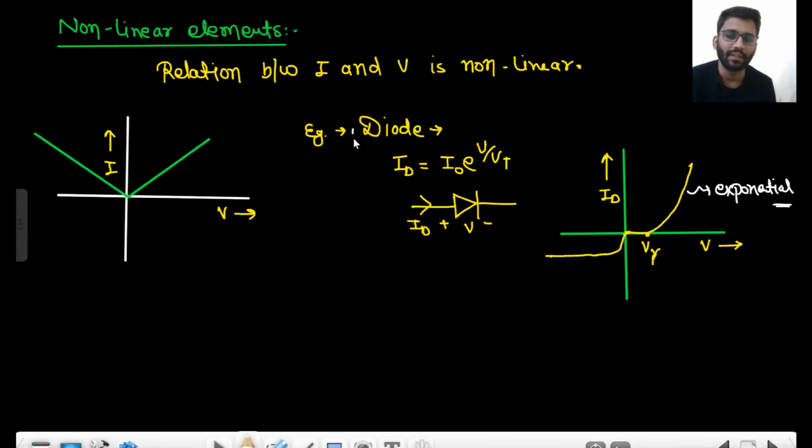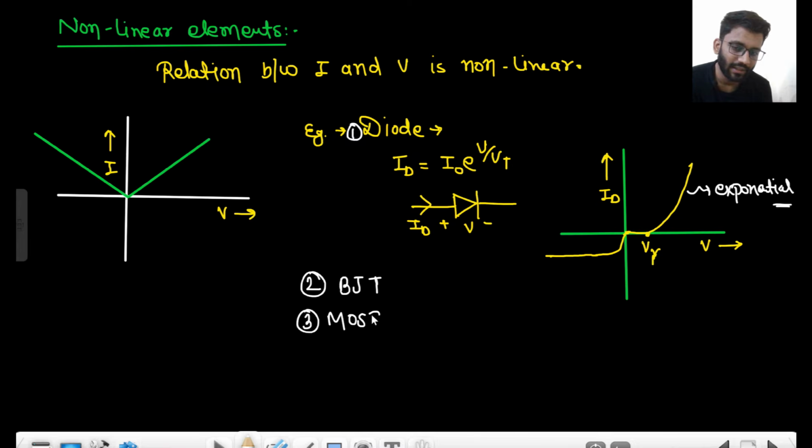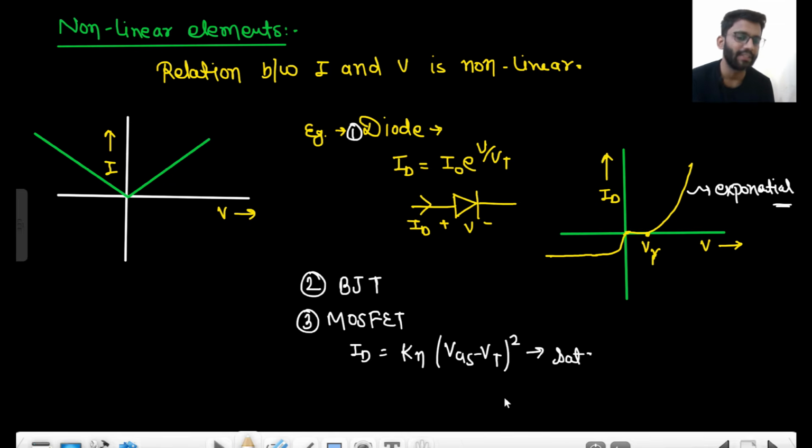So example 1 is the diode, then BJT, and the third is MOSFET. For these two devices as well, the current equation is not like that. If you write the current equation of a MOSFET, it is some constant times (VGS minus VT) whole square. That's for the saturation region. You don't need to worry about what the saturation region or linear region is.